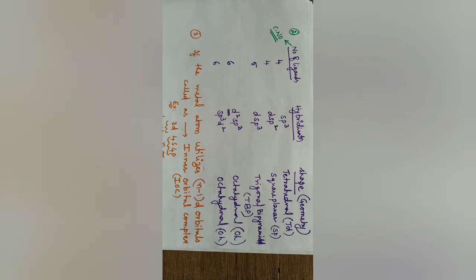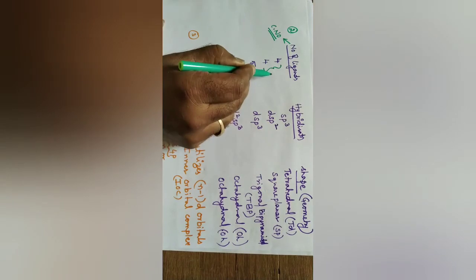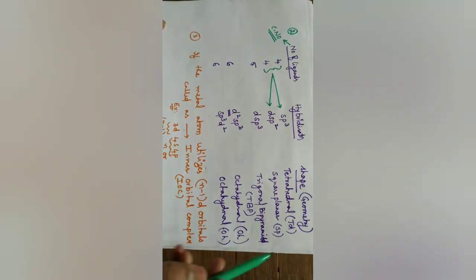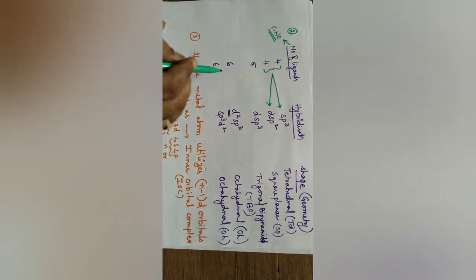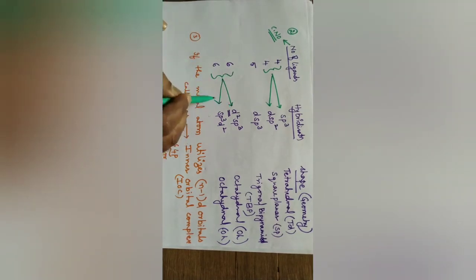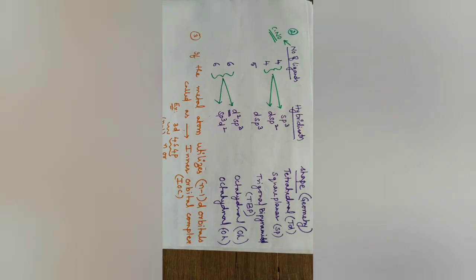If the number of ligands is 4, it gives two types: sp3 or dsp2, that is tetrahedral or square planar. If it is 5, it is trigonal bipyramidal, dsp3 hybridization. If it is 6, again it gives two types of hybridization, d2sp3 and sp3d2, giving the same octahedral geometry.